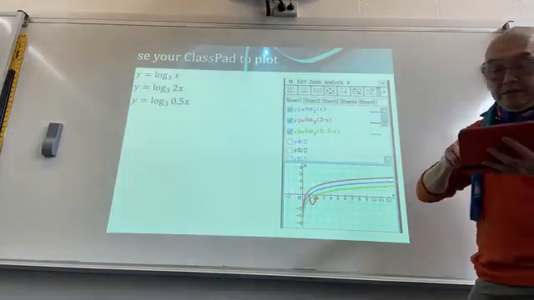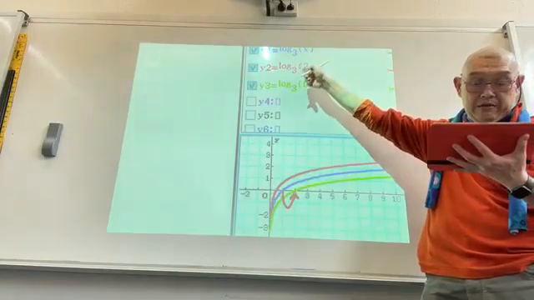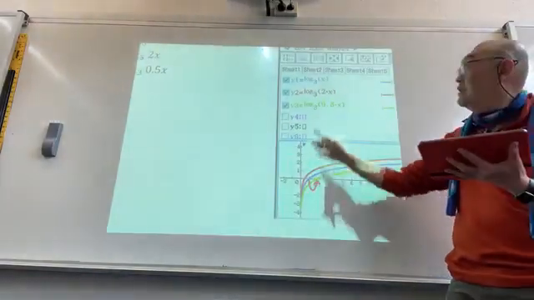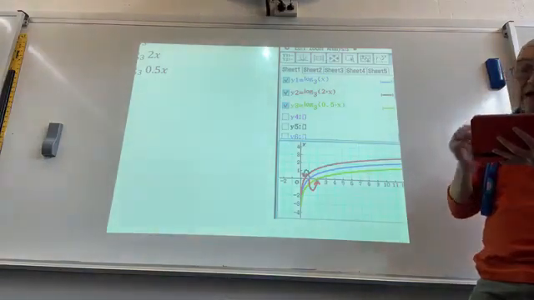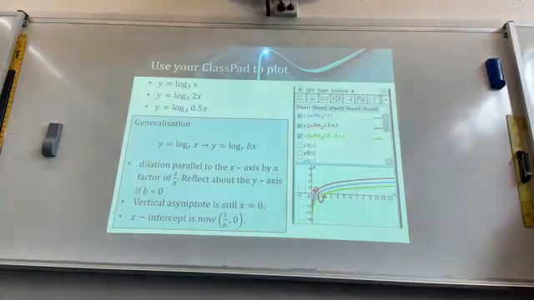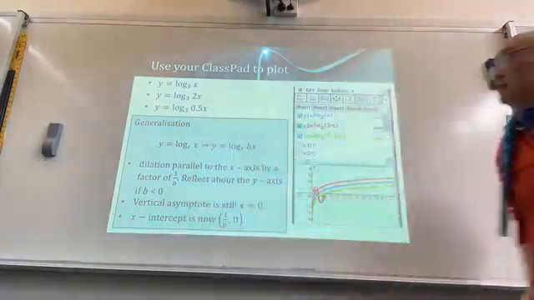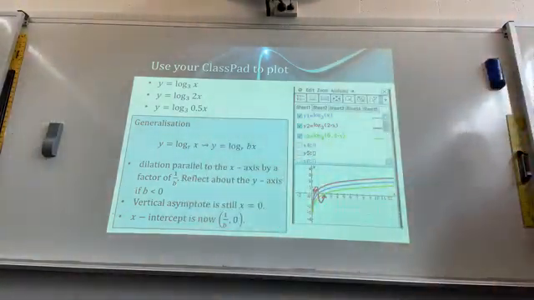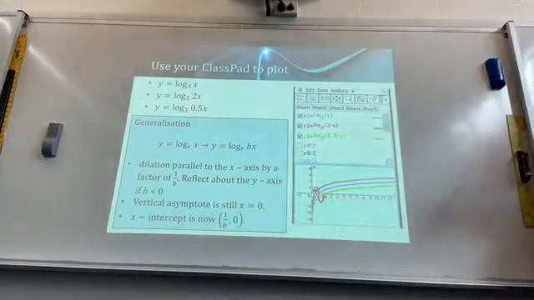What you do is you go for 1 over b of that, and for 0.5, this one is half. So the observation, generalizing: y equals log of rx, transforming to y equals log of rbx, is dilation parallel to the x-axis by a factor of 1 over b, and reflected about the y-axis if b is less than 0.